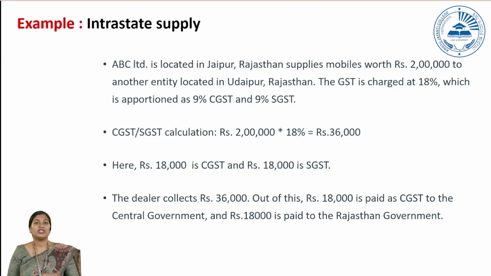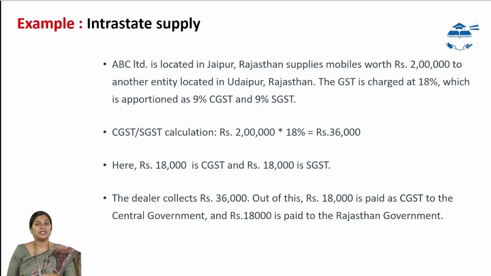So in this case, we need to pay CGST and SGST, and the GST rate is 18% of this transaction. So we have to bifurcate this GST into two. That is, 18% will be divided by 2, so that comes as 9% each. This 9% will go to the central government and the remaining 9% will go to the state government.